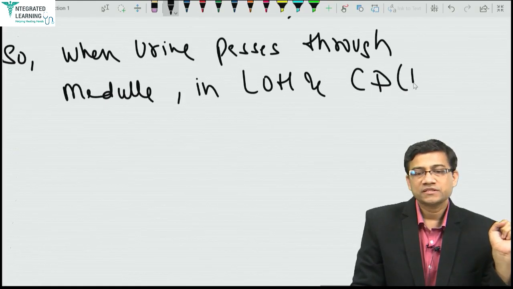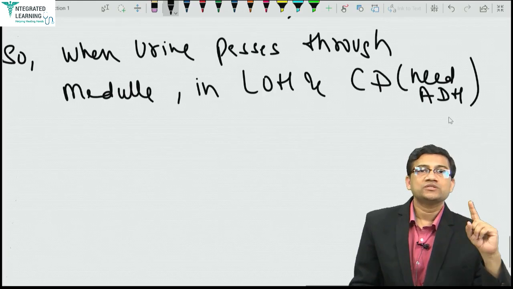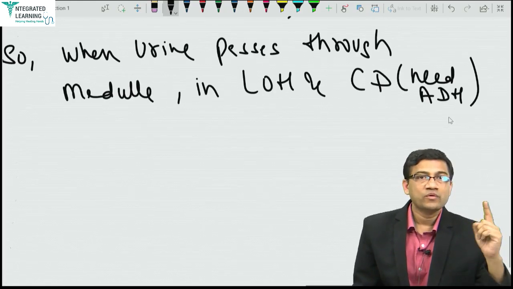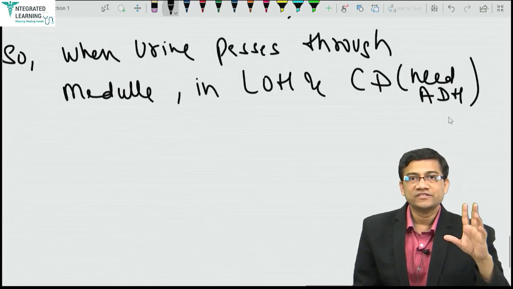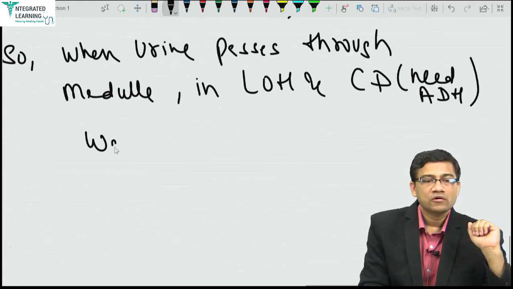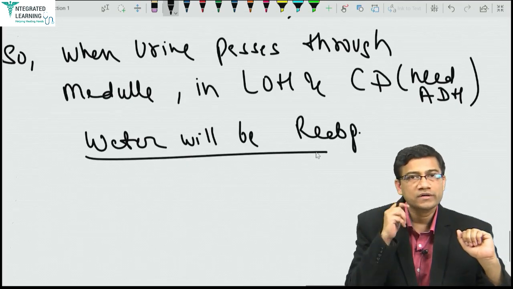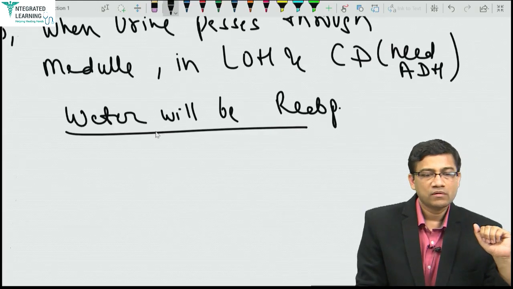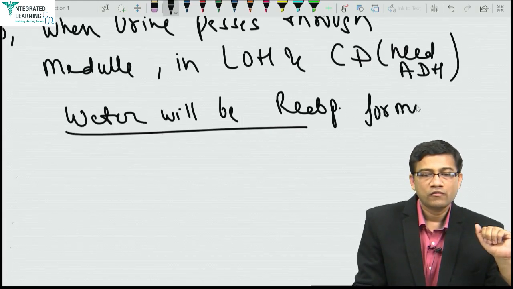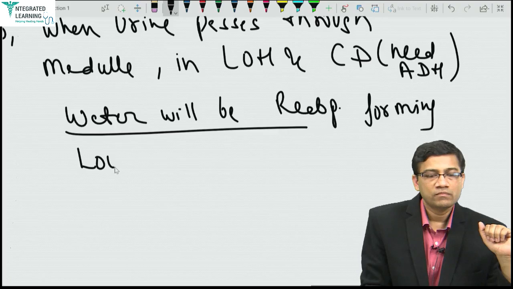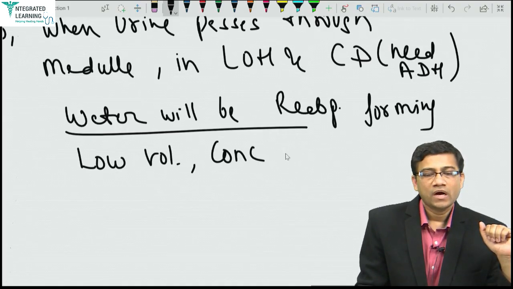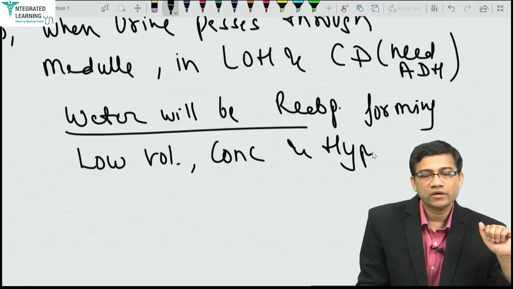But one thing, CD needs ADH. That's the question. CD depends on ADH also. So if you have loop of Henle and the CD which needs the ADH, water will be reabsorbed, forming low volume, concentrated and hypertonic urine.